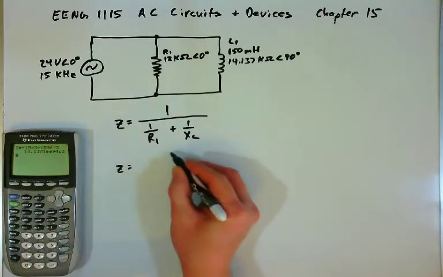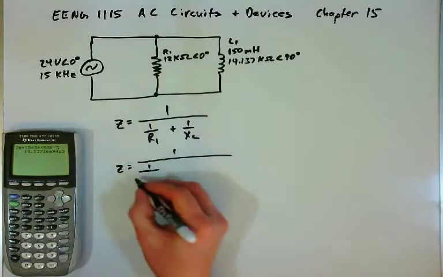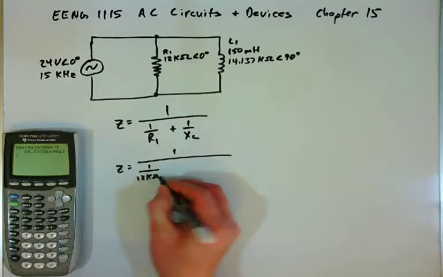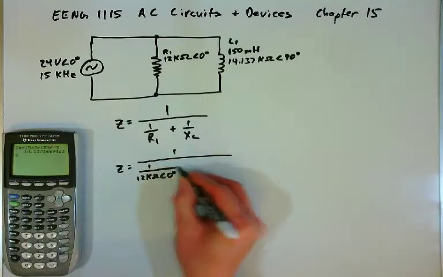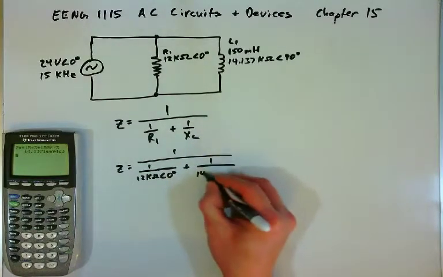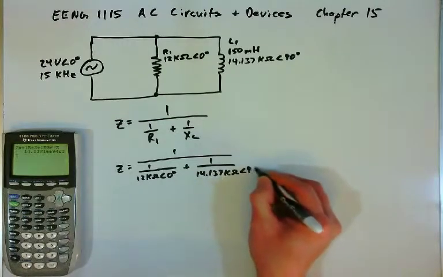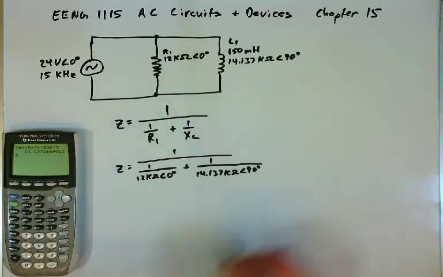The impedance will be 1 divided by 1 over R, which is 12 kilo ohms at 0 degrees, plus 1 over X sub L, which was 14.137 kilo ohms at 90 degrees.